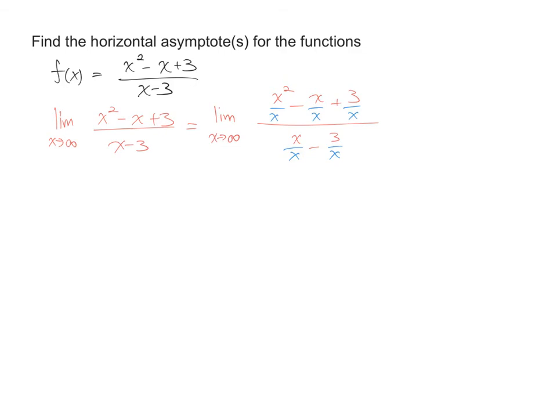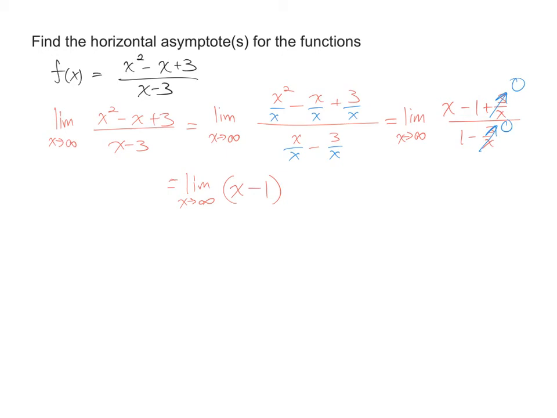So when we go through and simplify all of these tiny little fractions, you'll get a limit that looks like this. And thank goodness we can get rid of some of these things. There we go. So this limit simplifies to the limit as x approaches infinity of x minus 1.